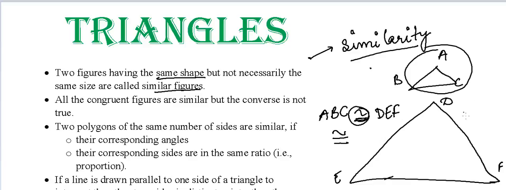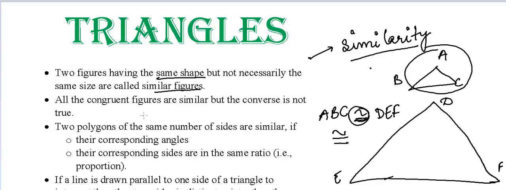For congruency, we have gone through some of the criteria. For similarity also, there are some criteria. We'll understand that later, but the basic definition of similarity says that if we have the same shape, they are similar figures. They can be of the same size, or they can be of different sizes. Size doesn't matter for similarity, but they should be of the same shape.